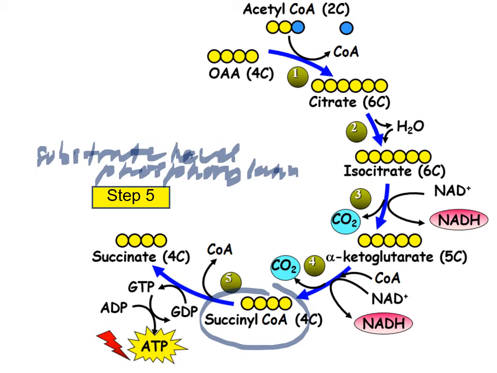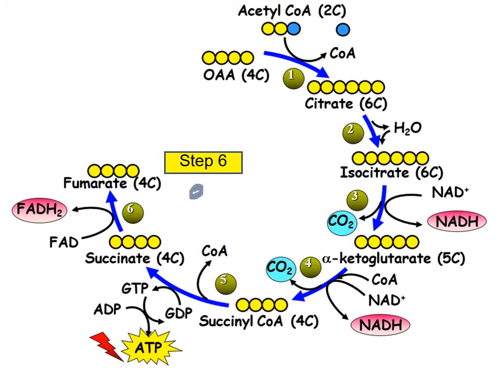And this energy is used to bind the inorganic phosphate. Ada inorganic phosphate dalam mitochondrial matrix ni. So dia akan bind the phosphate tu pada GDP to form GTP. Then GTP akan transfer its phosphate to ADP to form ATP. And the succinyl group is converted into succinate, the 4 carbon molecule.